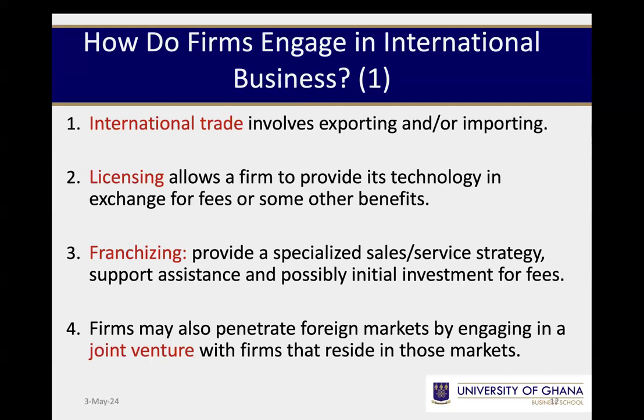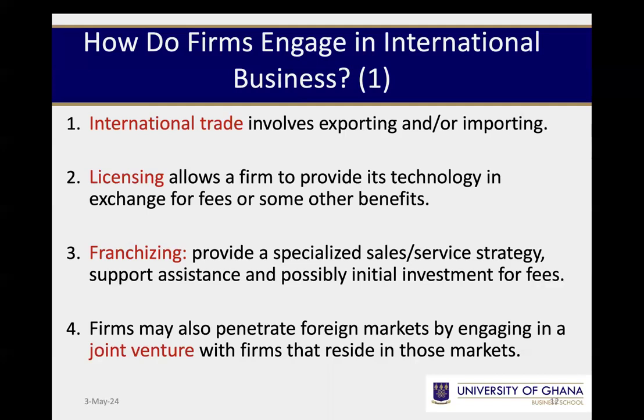Another layer begins, so you can see that we are moving by degree of involvement and therefore capital being exposed. From franchising, we can go a step further to actually pursue a joint venture. Of course, this is where two or more entities come together to operate another venture in maybe a particular country.